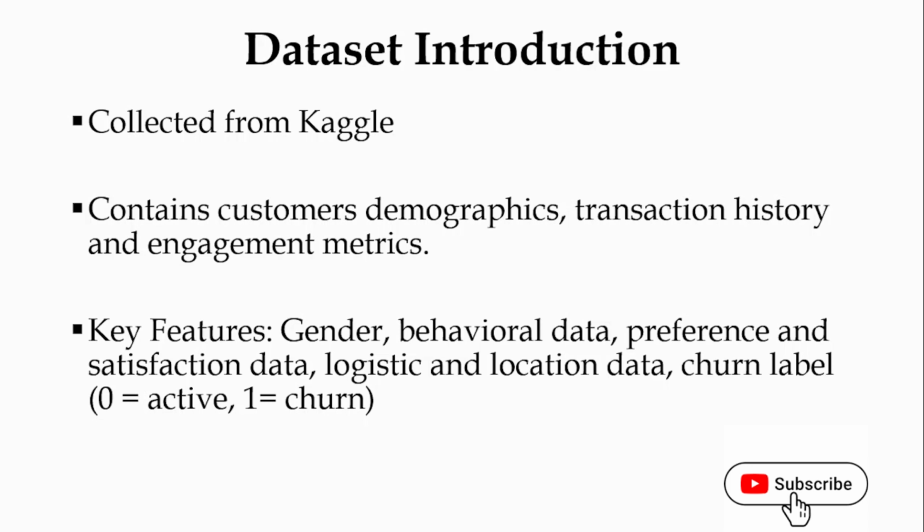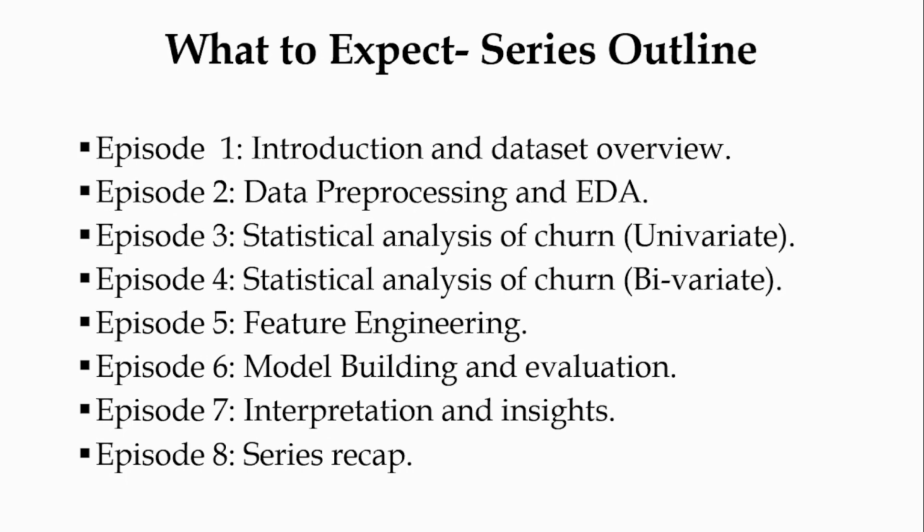All right, so the key features are we have the gender, customer behavioral data, customer preferences and satisfaction data, logistic and location data, and the churn label, 0 for customers that are active, and 1 for customers that have left. All right, so that is that for the data introduction.